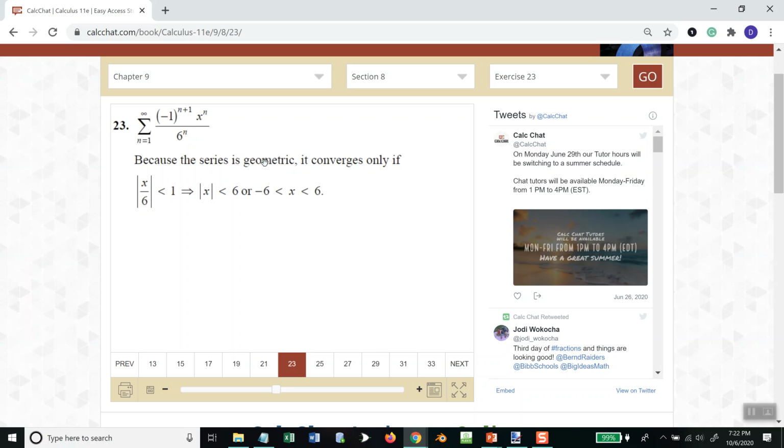Okay, since they recognize it as geometric, the formula from geometric doesn't even consider the endpoints. So it does diverge on both sides. Okay, 23, let's see, 25.